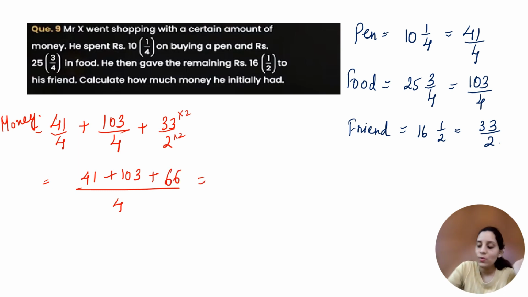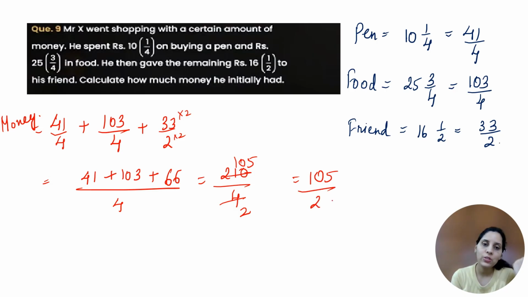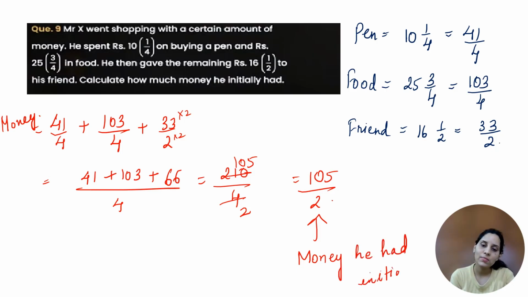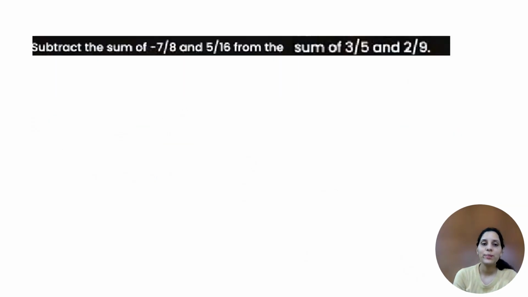Alright. So when I add them all, 41 plus 103 plus 66 will give me 210. So 210 by 4, 2 2s are 4, 2 5s are 10. So 105 by 2. This is the money that he initially had. Is this clear? It's very easy. Next one.